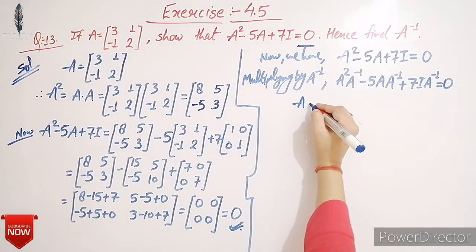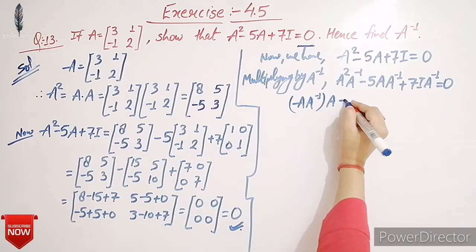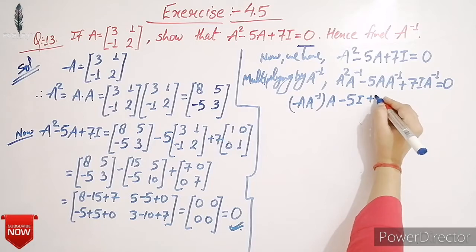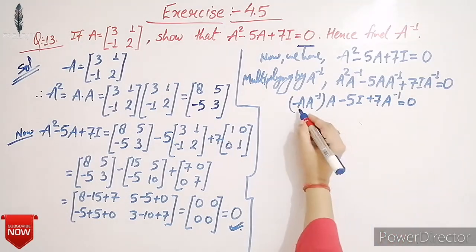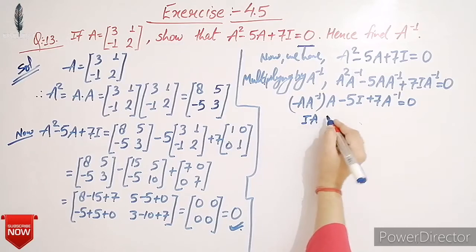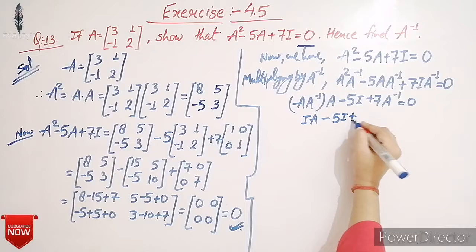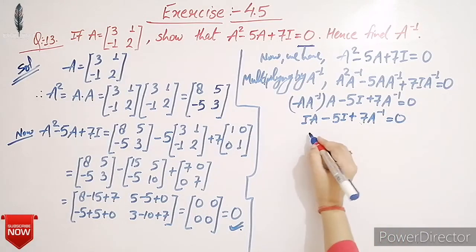It can be written as A inverse into A, which is I, minus 5 times I, plus 7 A inverse equals 0. Clearly A inverse A equals I, so A − 5I + 7A inverse equals 0.